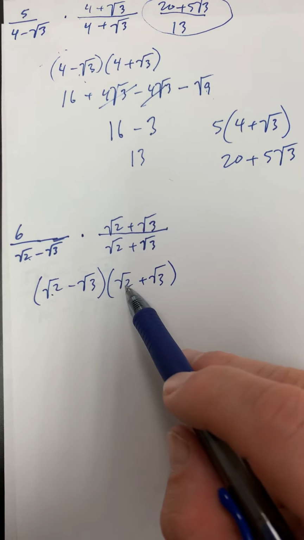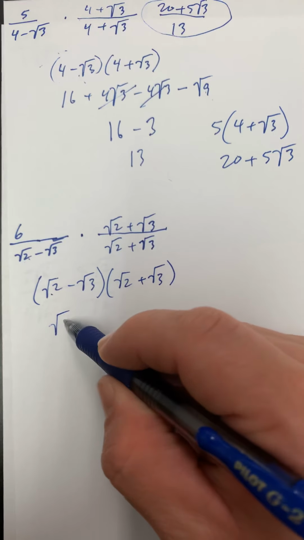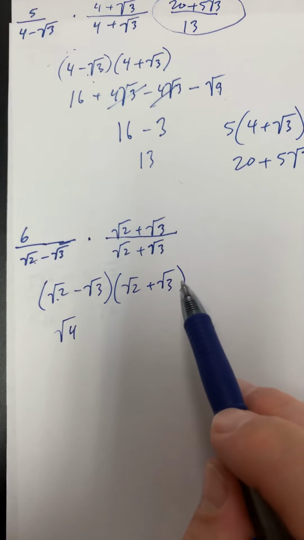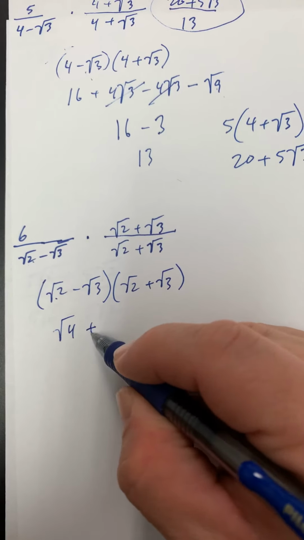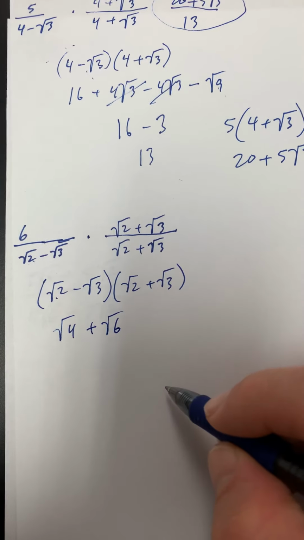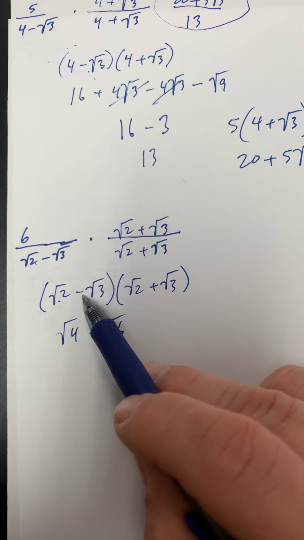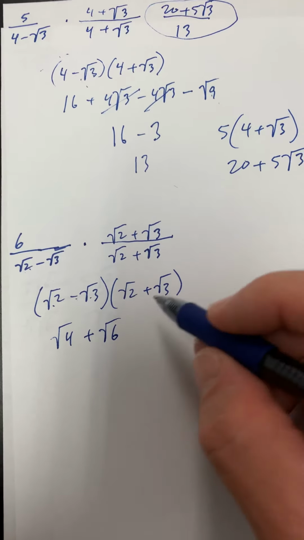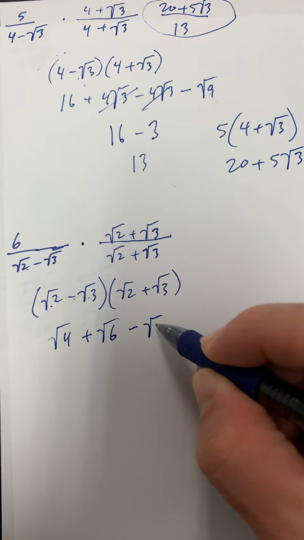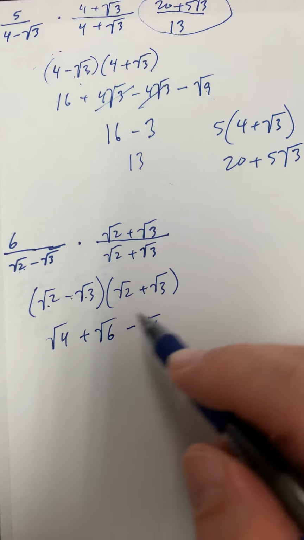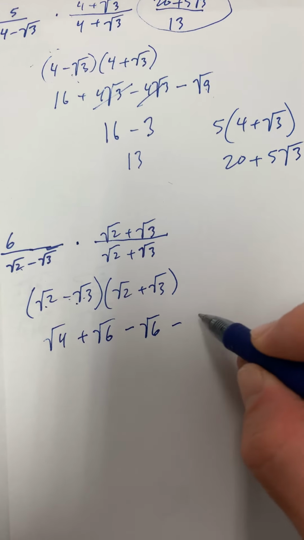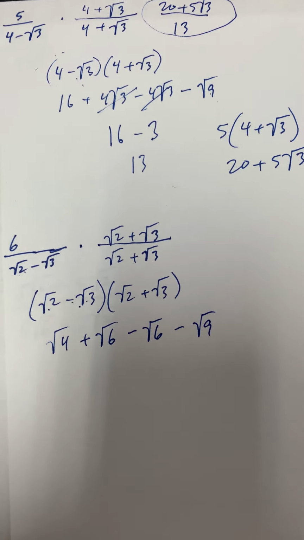Well, square root of 2 times the square root of 2 gives us the square root of 4. The square root of 2 times the square root of 3 gives us positive square root of 6. Negative square root of 3 times the positive square root of 2 gives us negative square root of 6. And then negative square root of 3 times positive square root of 3 gives us negative square root of 9.